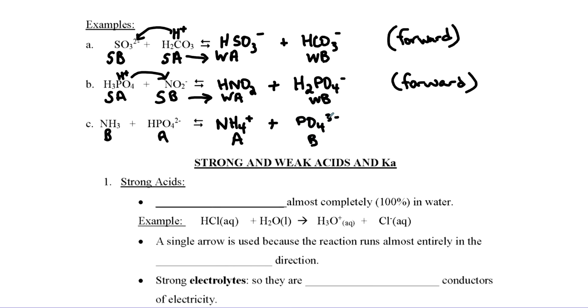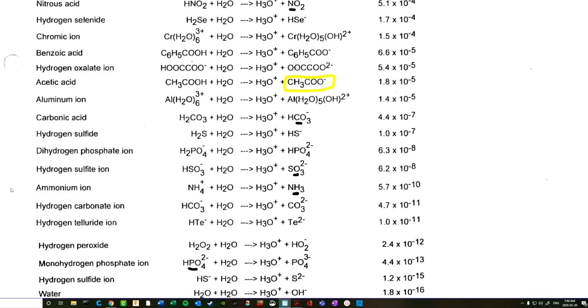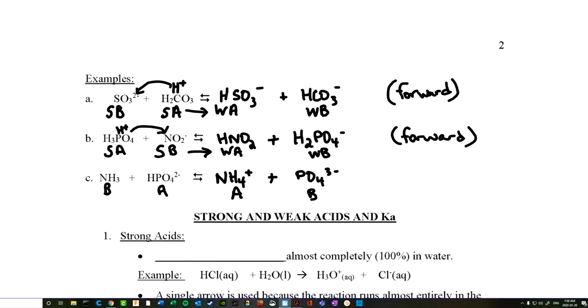So we've got the phosphate ion to check and ammonia. Okay, so here's ammonia and here's the phosphate ion. So the phosphate ion is the stronger base. So that means these two become the strong and these two become the weak. So this time it's the reverse reaction that's favored.